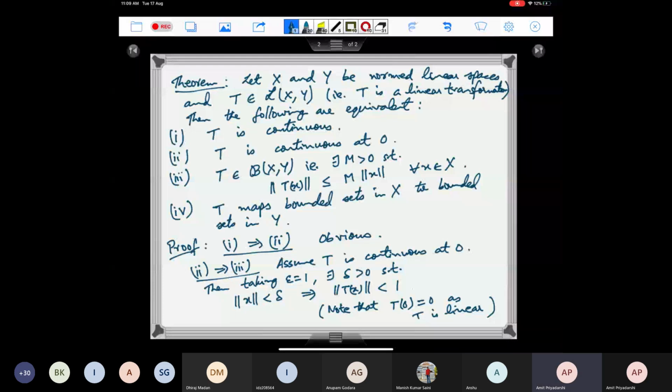Because I want strictly less than delta, for any x in X that is non-zero, let z equal delta by 2 norm x times x.